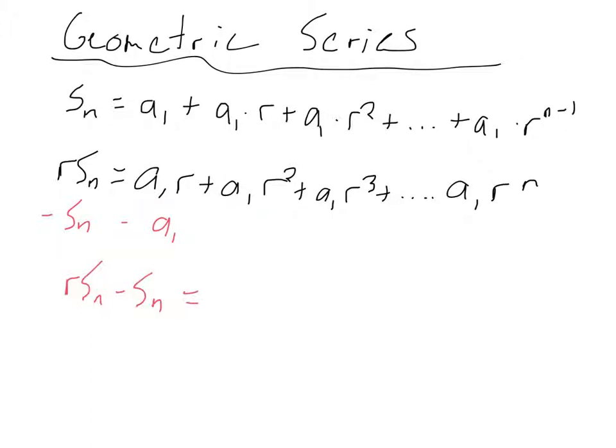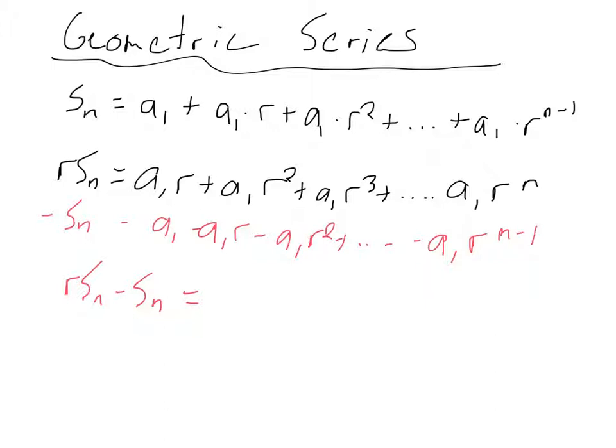Anyways, I'm subtracting this equation from this equation. So if I continue on here, minus a sub 1, minus a sub 1 r, minus a sub 1 r squared, and so on, all the way up to minus a sub 1 r to the n minus 1.